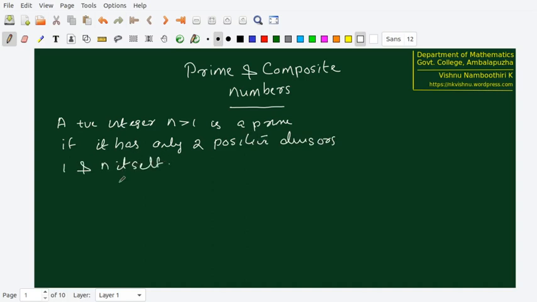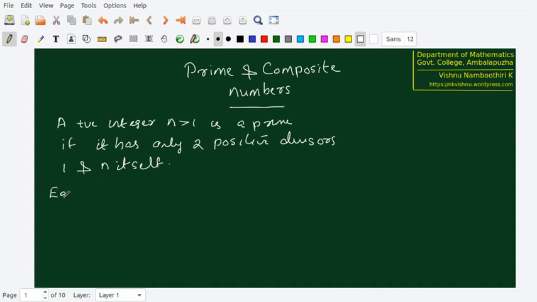So if we have a positive integer n which is greater than 1, we say that it's a prime provided that it has only two possible divisors, and we know that 1 is a divisor of any number and that number itself is a divisor of that number. Therefore 1 and n are the only two divisors, then we call n to be a prime.